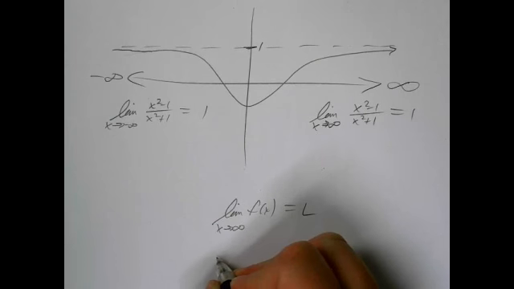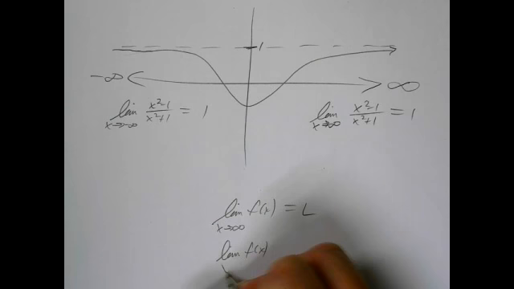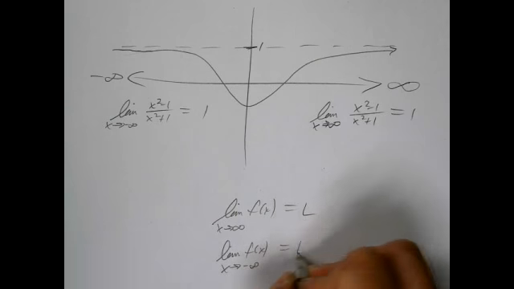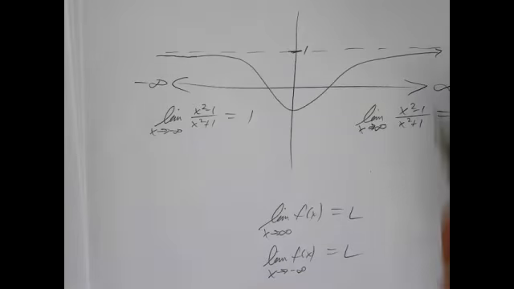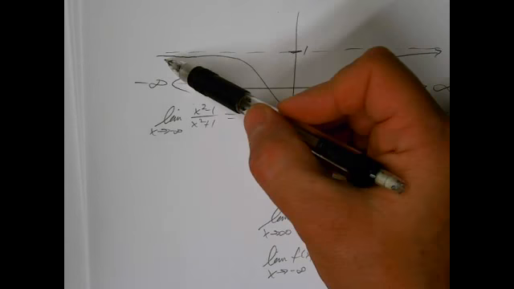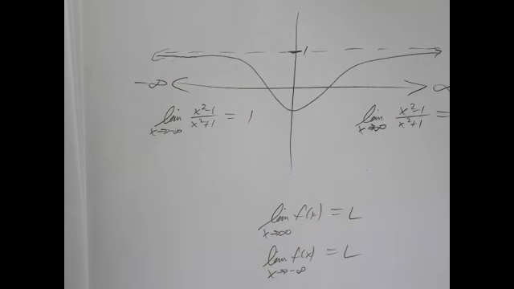Same thing if we were to say the limit of f of x as x approaches negative infinity is equal to L. We're saying about the same thing. As the function moves off in the left-hand direction, it is being pulled closer and closer to that horizontal line. And once it gets pulled in so close, it will never pull away. It will get infinitesimally close, as close as you want, and again, never depart.